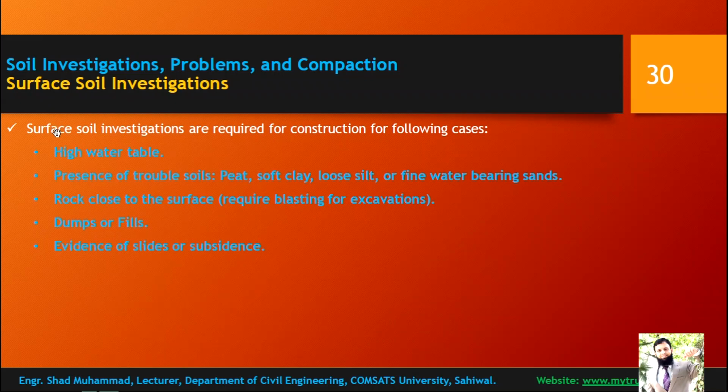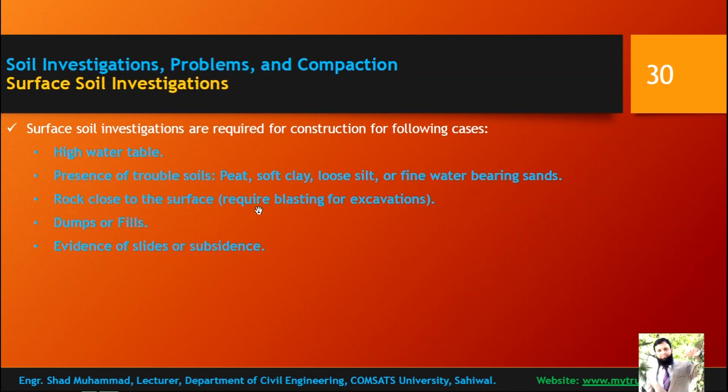Surface soil investigations are required for construction in the following cases: where a high water table is present, and where you can visually inspect the presence of troubled soil, peat, soft clay, loose silt, or fine water-bearing sand.